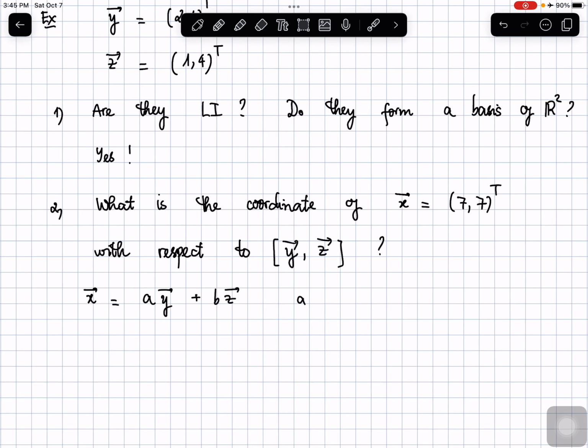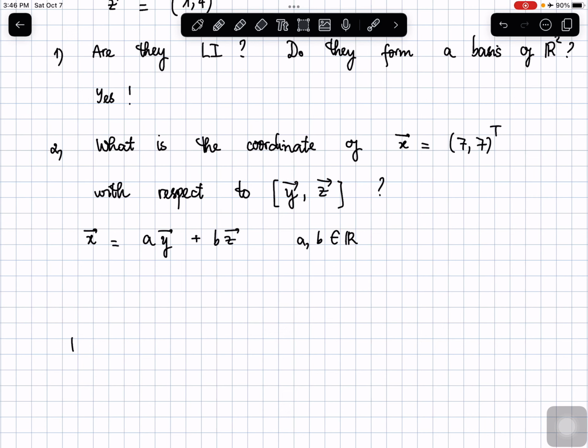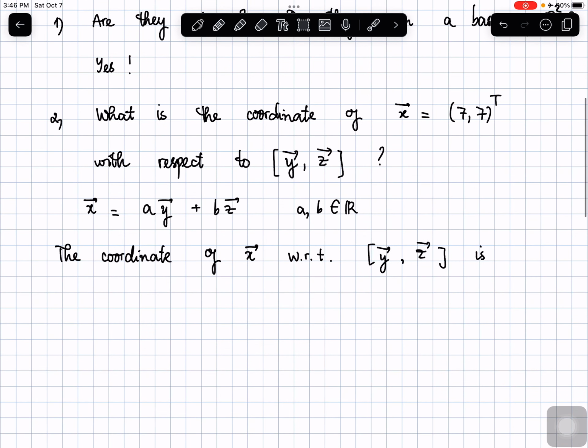Suppose a, b here are real numbers, and suppose we found a and b, then the coordinate of x with respect to the basis y and z is (a, b).